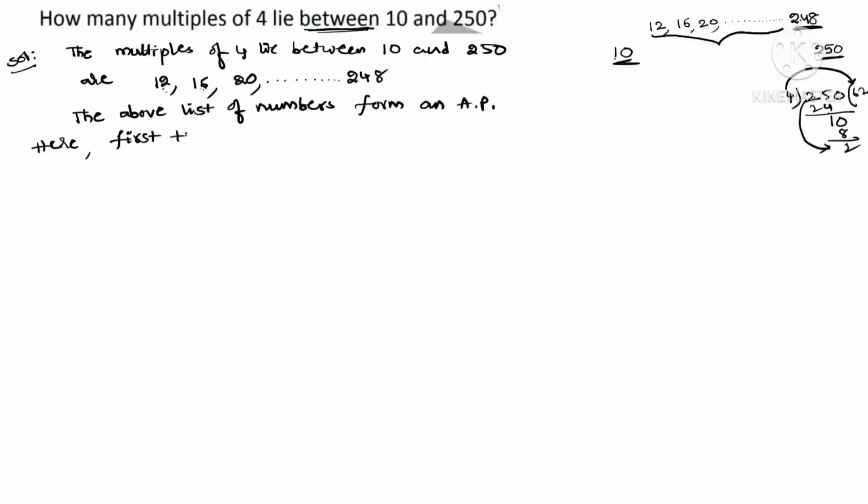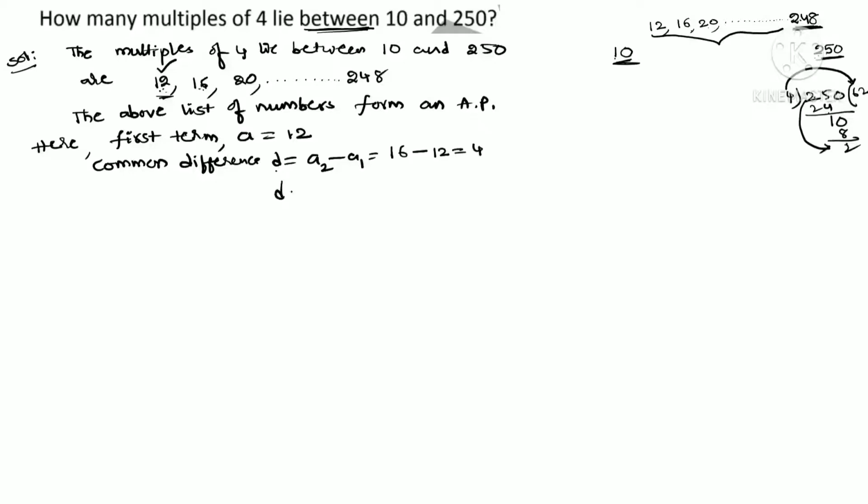Here first term a is equal to, the first number is nothing but the first term, that is 12. Next line is common difference. Common difference is represented by the letter d is equal to a2 minus a1, that is second term minus first term. Second term is 16 minus first term is 12. 16 minus 12 is 4.